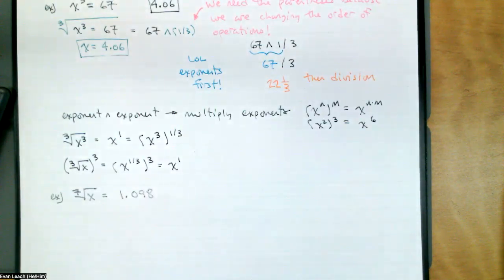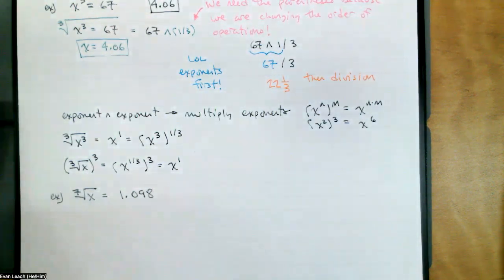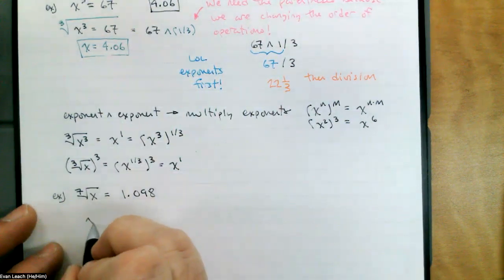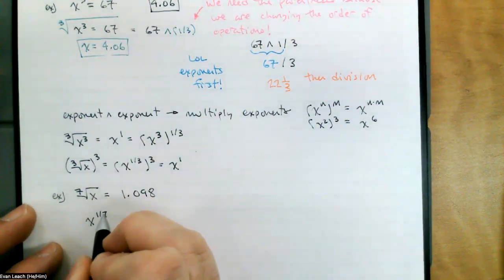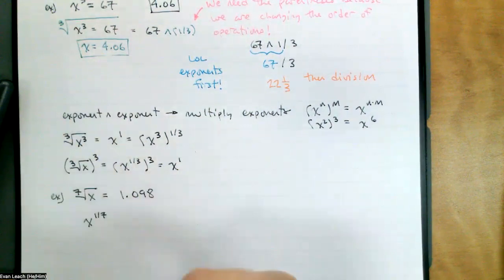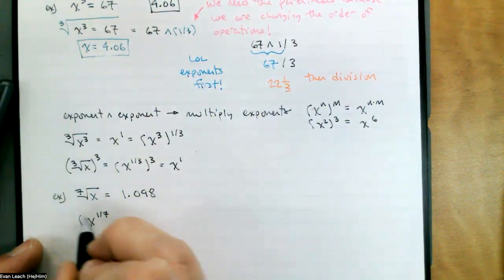The reciprocal of 1/7, the reciprocal exponent, is a 7th power. So we're reading this as x to the 1/7 power. So our maneuver is to raise to the 7th power.